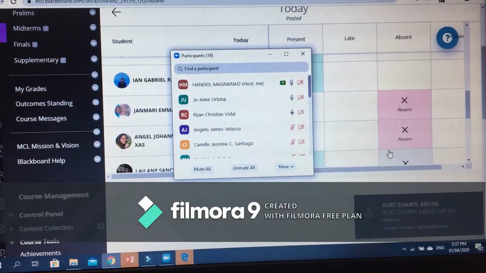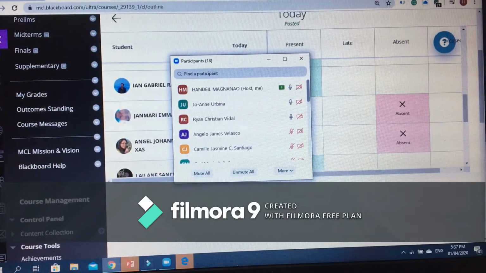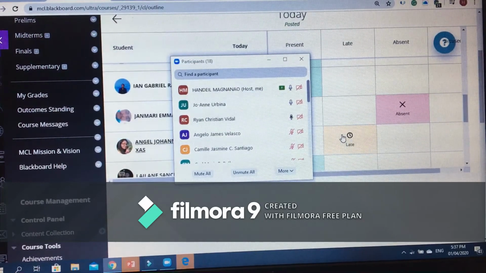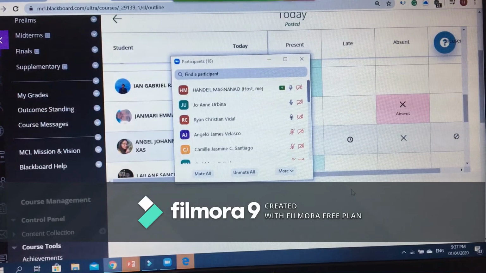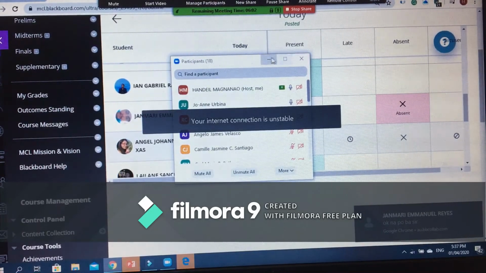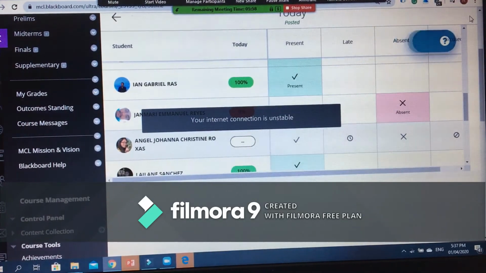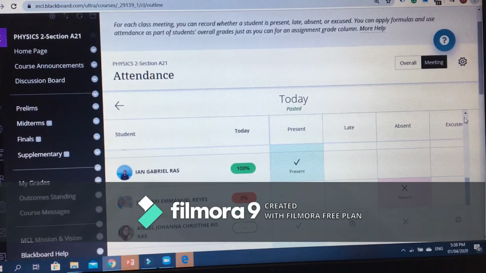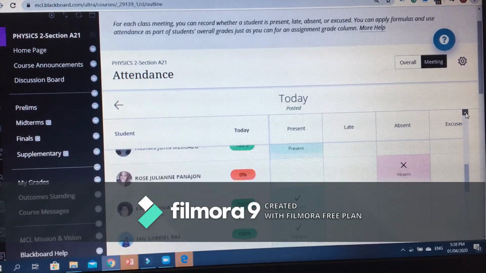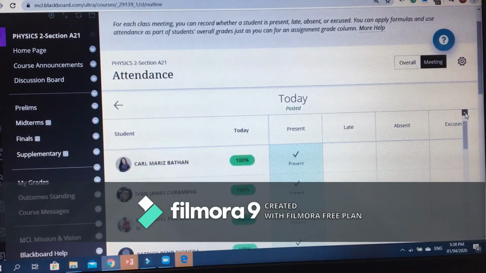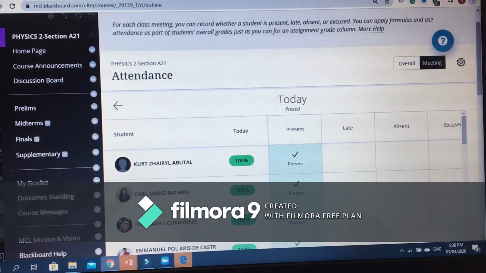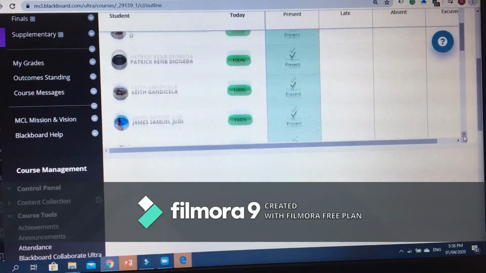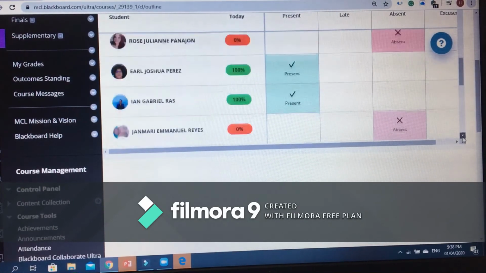Okay, si Abutal. Reyes. Okay, Reyes. Sino pa? Check your names kung absent or present kayo. Anyway, ipopost ko naman to. I-double check nyo lang ninyo ha. Just let me know kung may discrepancies.